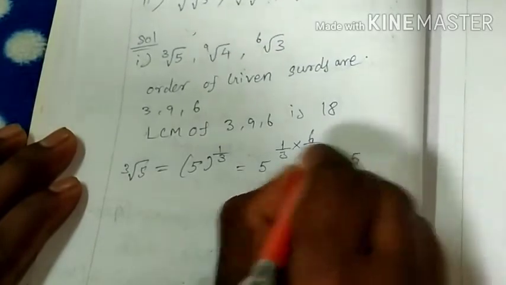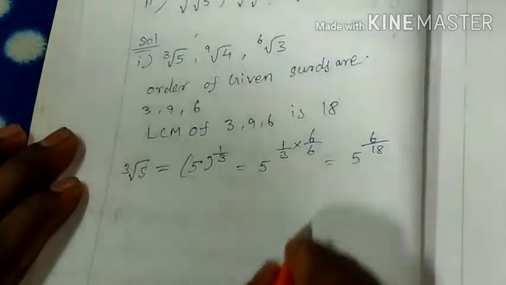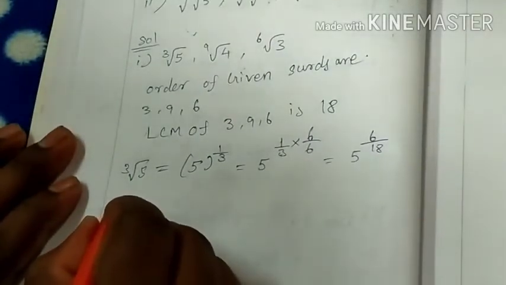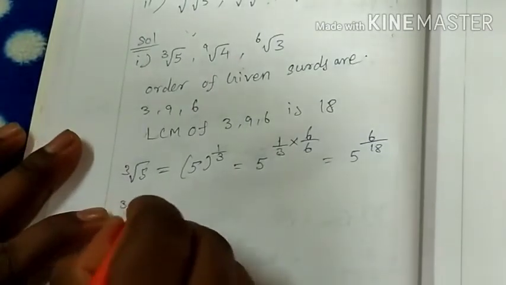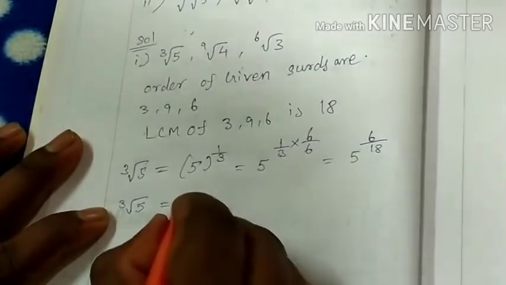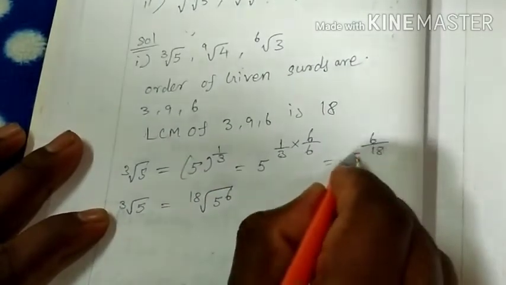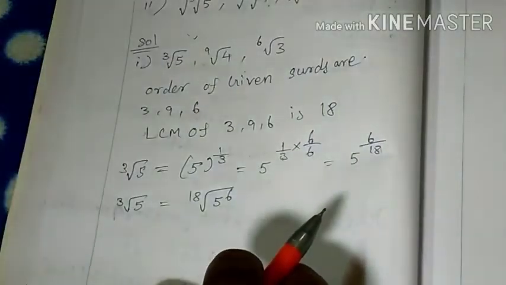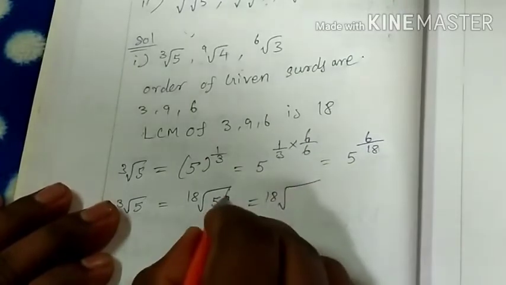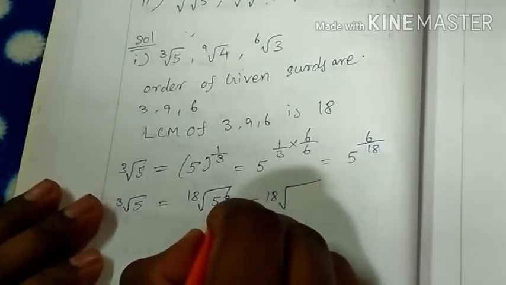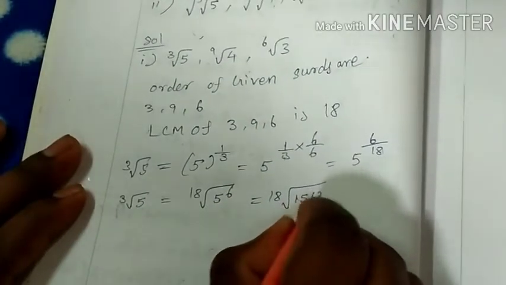This equals 5 power 6 by 18, which is the 18th root of 5 power 6. 5 multiplied 6 times gives 15,625.